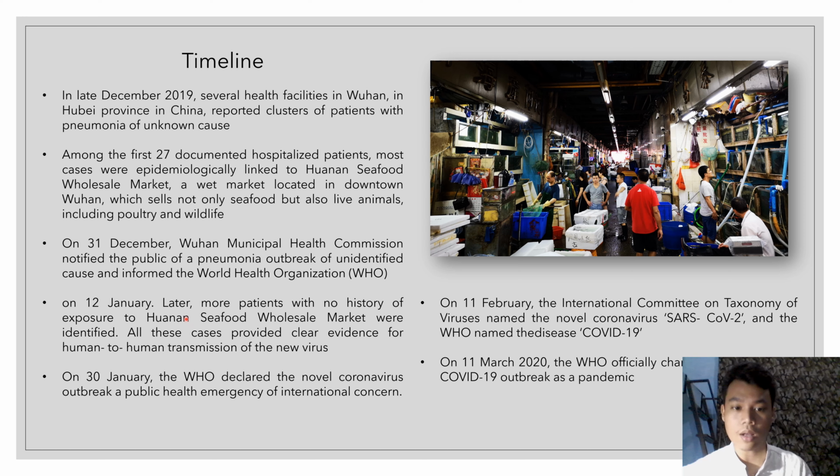All these cases combined provided clear evidence for human-to-human transmission of the new virus. And also the scientists that discovered the new strain stated that they have never seen this strain of beta coronavirus before. And on 30 January, the World Health Organization declared the novel coronavirus outbreak as a public health emergency of international concern.